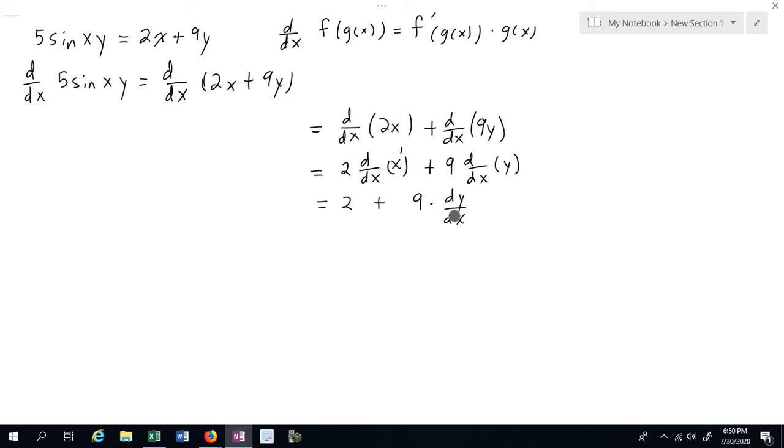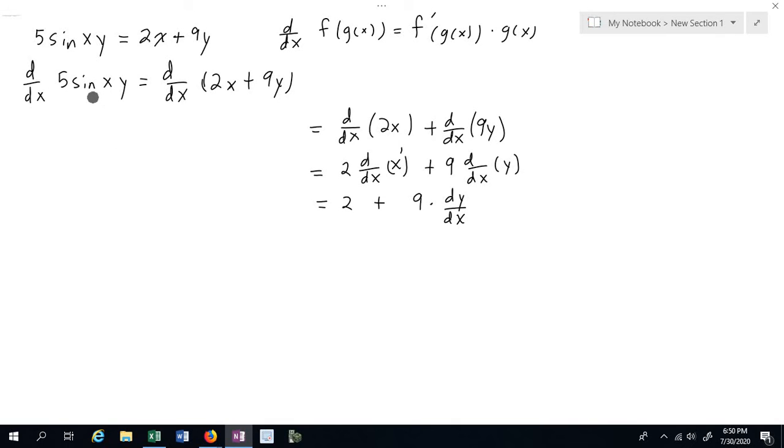If you're going to take this derivative with respect to x, then you need to know what y is equal to in terms of x, and we don't. So there's no way for us to actually compute this derivative. We just have to leave it as the derivative of y with respect to x, whatever that is. So that's the right-hand side.